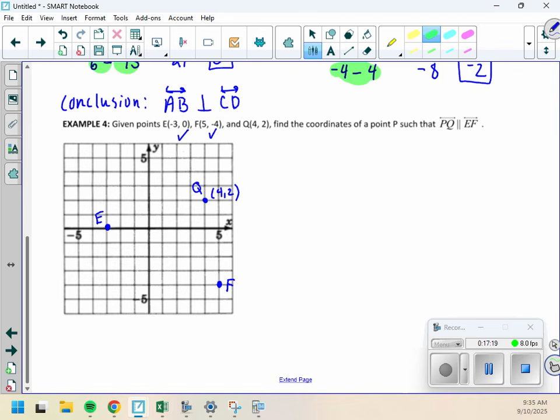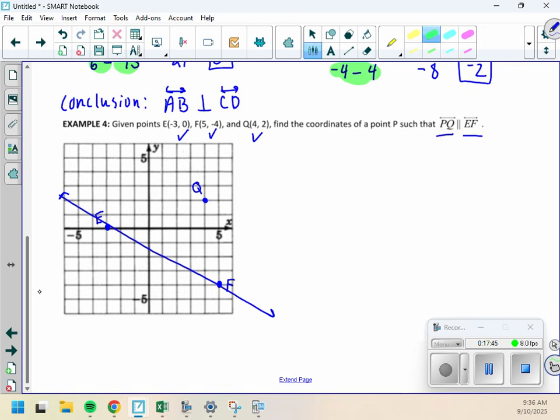First, why don't we go ahead and make a line through EF? This is EF. We want the lines to be parallel. If the lines are going to be parallel, we need to have the same slope. So we have to calculate the slope of line EF.